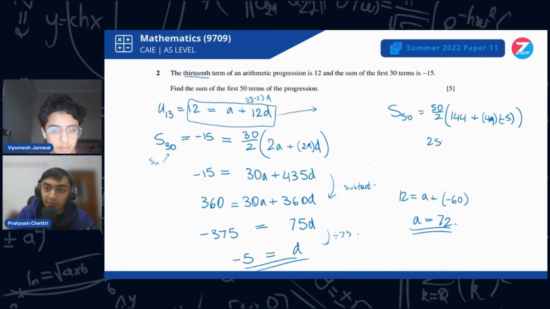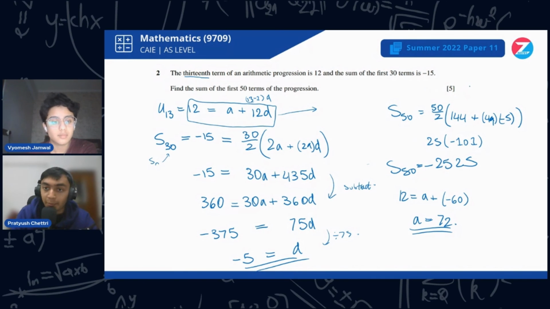So 25 times 144 plus 49 times minus 5, which is minus 101 times 25. Seems about minus 2525. S50 is equal to that.